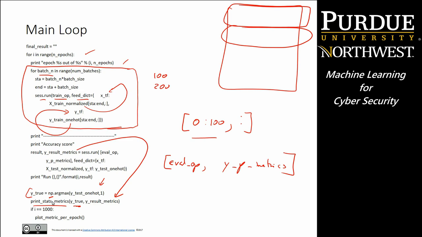No session needed. Because NumPy has the same ideas, right? Argmax. So what do you think you're doing here in this one? Your data was what? Whenever you gave it the Y test data, it was one hot encoded, right? So we have to reverse that and make it not one hot encoded. So that's what's happening here.